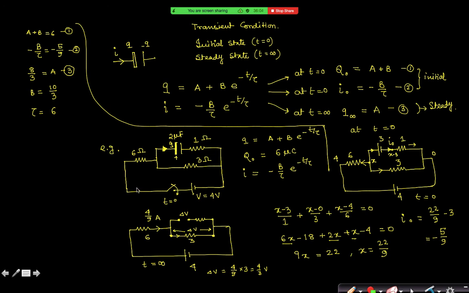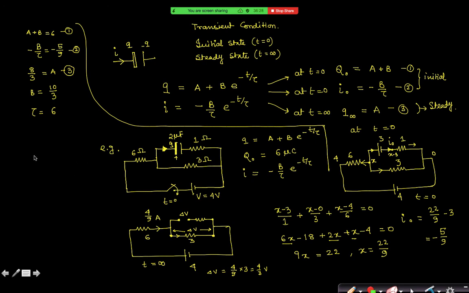Now let me tell you another shortcut to solve this question. Even you do not have to solve these three equations, right? Do you remember that I have told you what was tau? Tau is a time constant that does not depend on the battery. Yes or no?